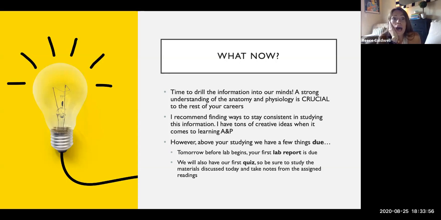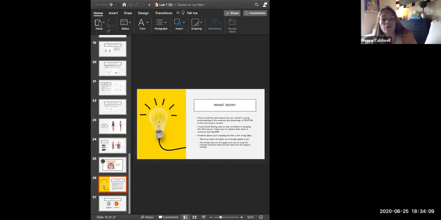So what do we have due? It shouldn't say tomorrow before lab begins. Again, this was from the summer session when we have lab every single day of the week. So I'll edit it real quick.